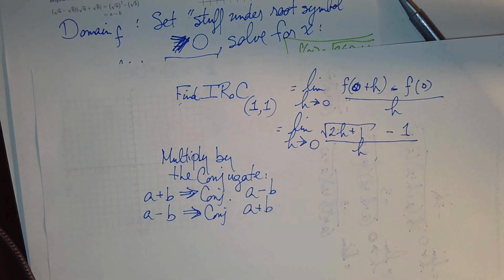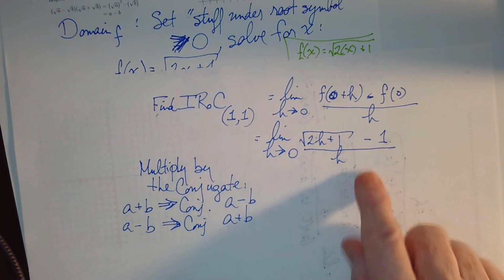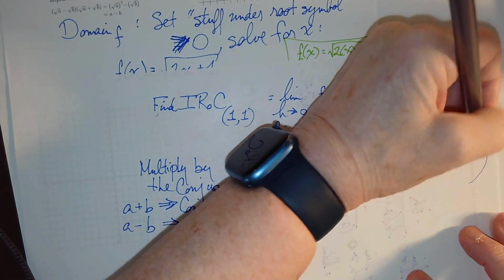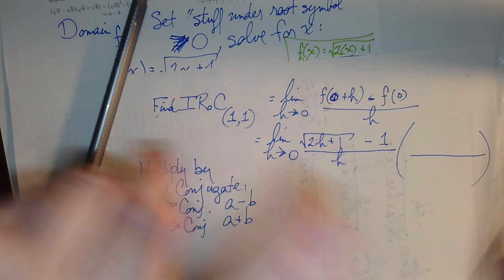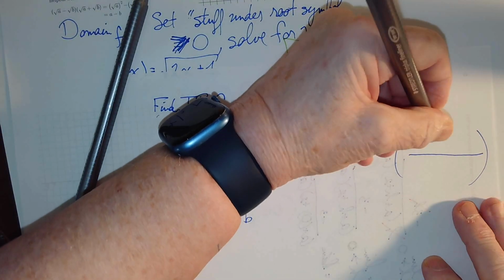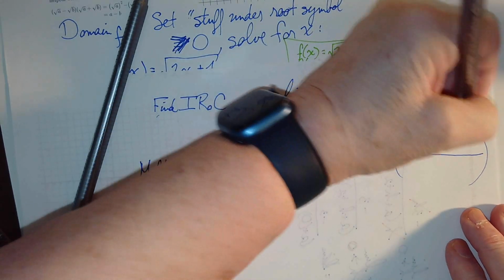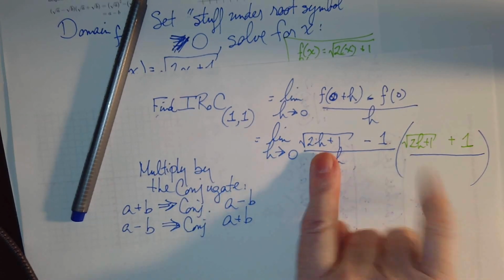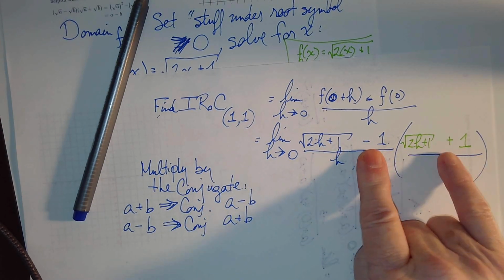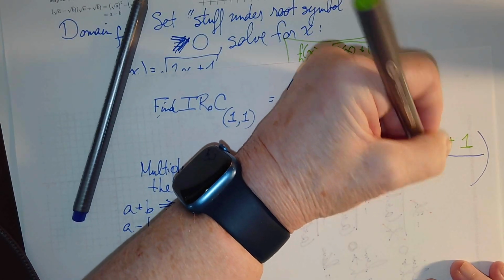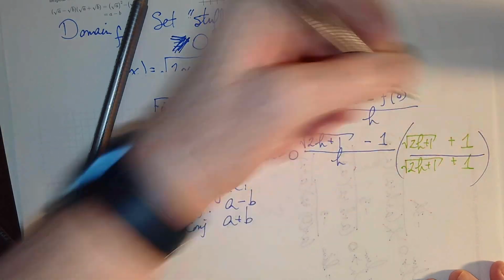So we want to multiply numerator and denominator of this big fraction by square root 2h plus 1 plus 1. So same first term, same second term, but different sign in the middle. And the same thing with the denominator, 2h plus 1 plus 1.